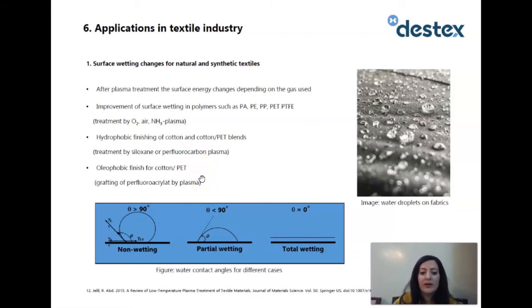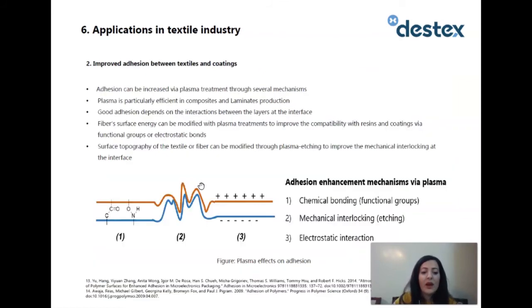We can increase or decrease the wettability to make the surface more hydrophobic or more hydrophilic according to our requirements. Another application, especially important in the case of composite materials, is to increase the adhesion between the textile and the coatings.